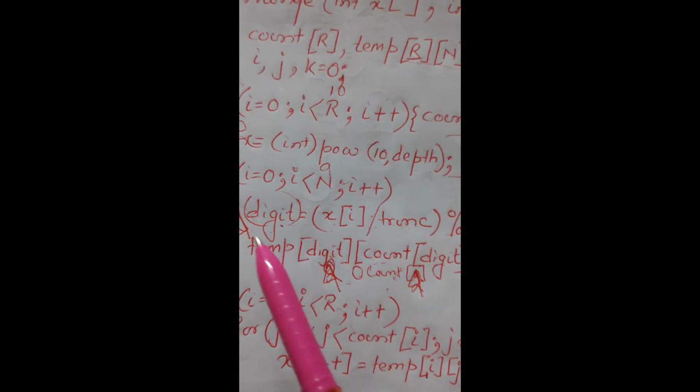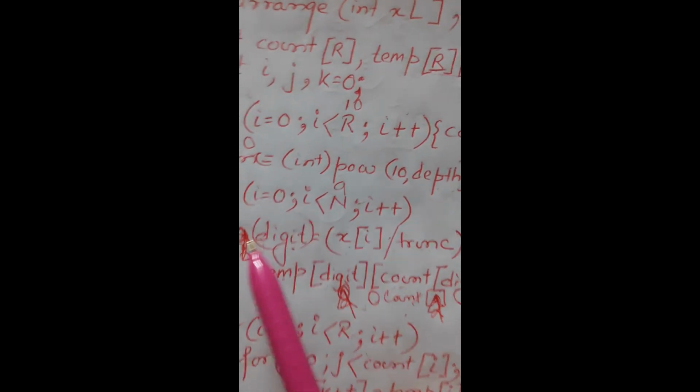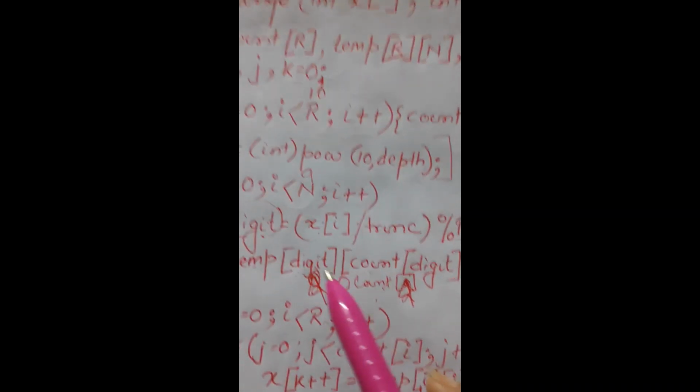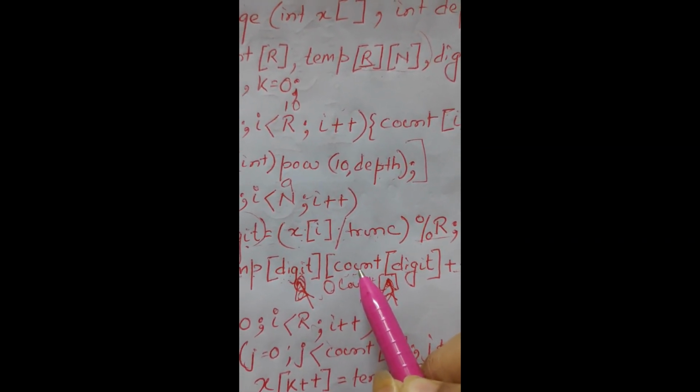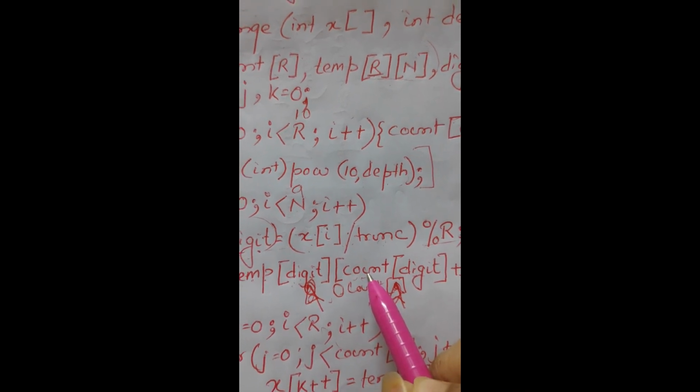So in this iteration we do the calculation where we get to know the row number in which we are going to insert the number, and temp is the two-dimensional array that is getting created, and the count array is keeping track of the number of elements in each of the rows.